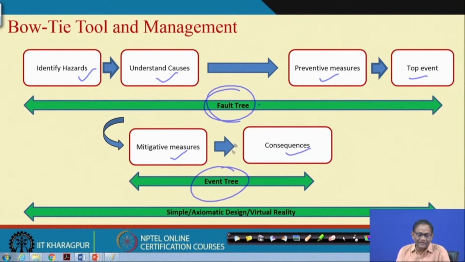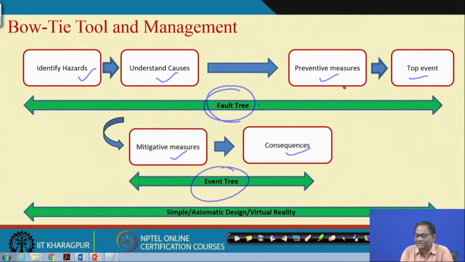So, fault tree and event tree will be linked, and there is simple design, axiomatic design, virtuality, many things that can be added to the analytics. So, all of this ultimately leads to either identifying hazards or underlying the safety critical factors, or the factors that contribute towards the hazard occurrence, initiating mechanism, all those things.